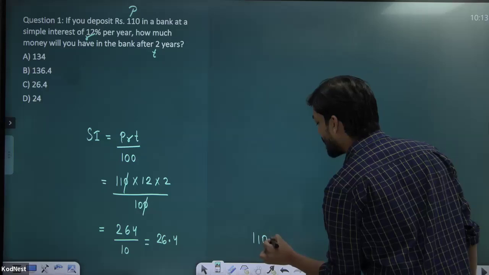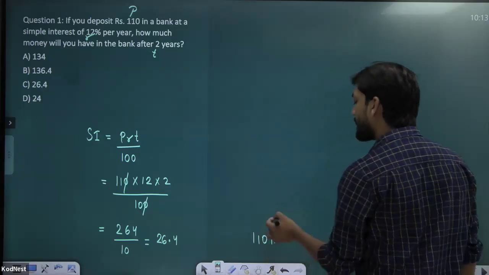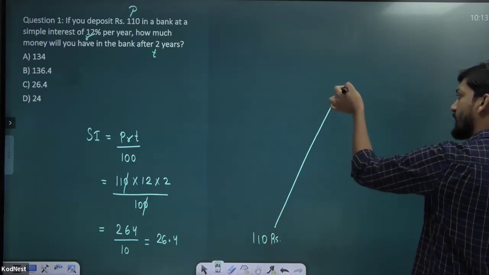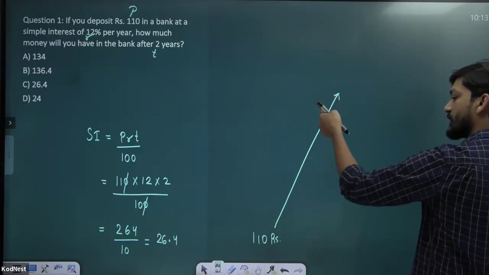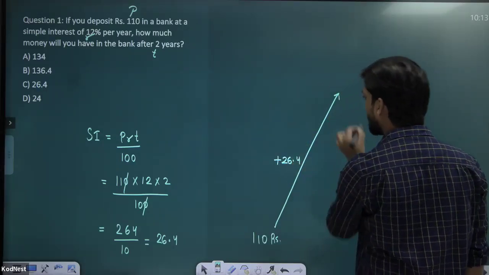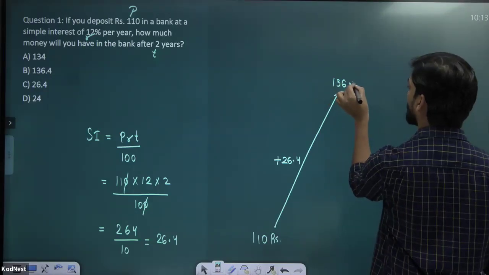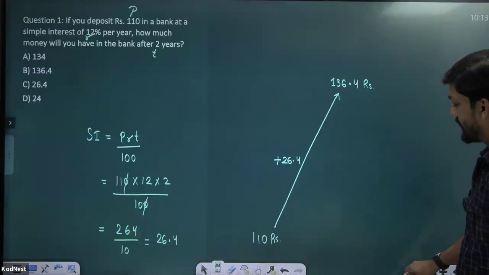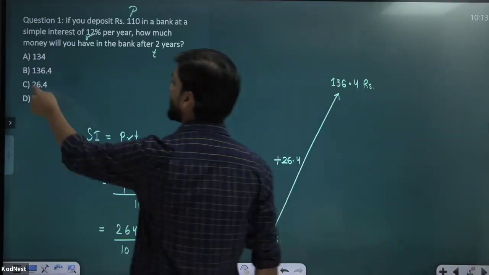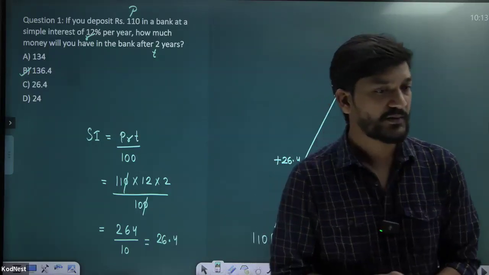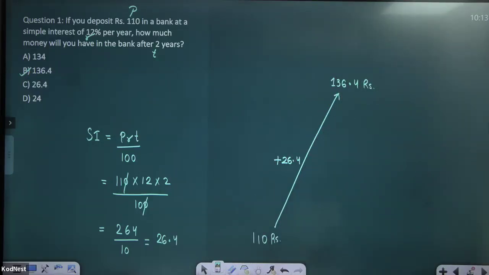You started with 110 rupees. When you deposit in a bank, it will always increase. It is not the stock market, okay? So it will increase by 26.4, and the final value will be 136.4 rupees. So 136.4 is your answer. Understood or not? Please confirm. Not 26.4, but 136.4.